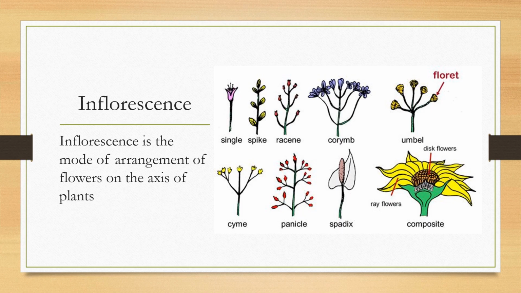Here in the picture you can see different arrangements of flowers on the main axis or main stalk. This arrangement of flowers on the axis of plants is called inflorescence, and there are different types of inflorescence, like cyme inflorescence, panicle inflorescence, umbel inflorescence, composite inflorescence, etc.